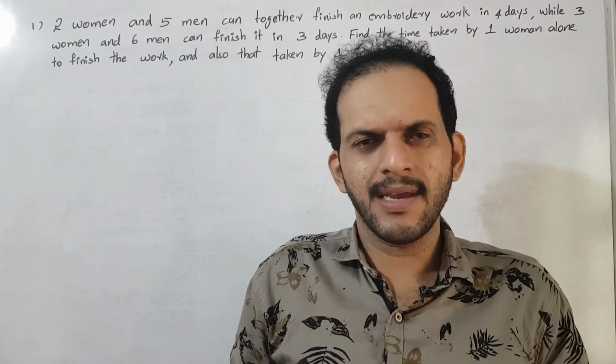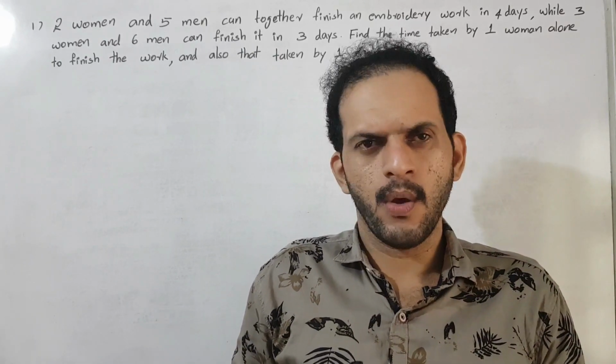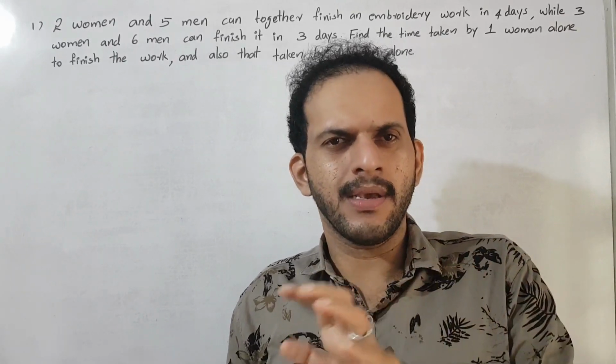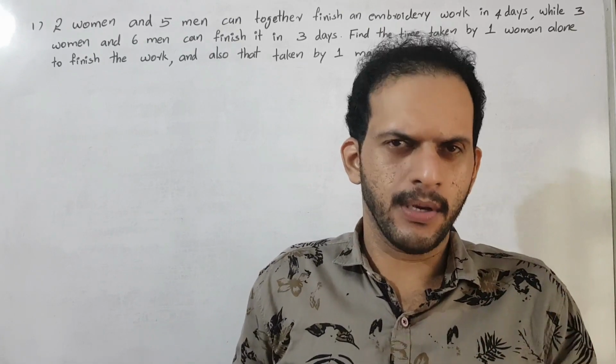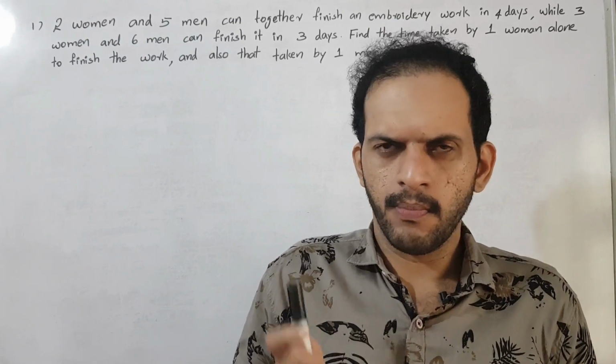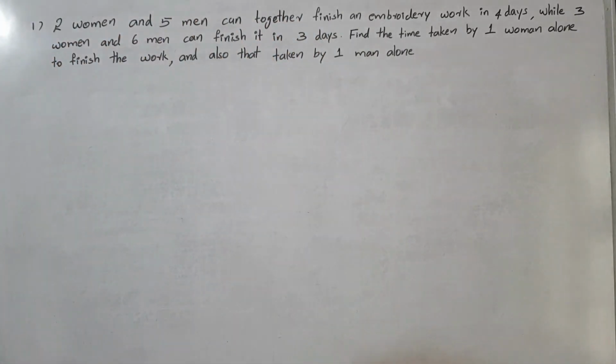What is given? There are days given, so convert everything in days, to 1 unit. If a year is given, convert to per year. Okay, to convert the idea per year. So we started like this. What is the question? Find the time taken by one woman alone to finish the work.